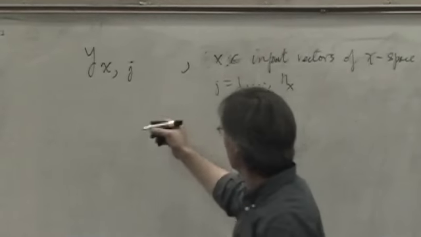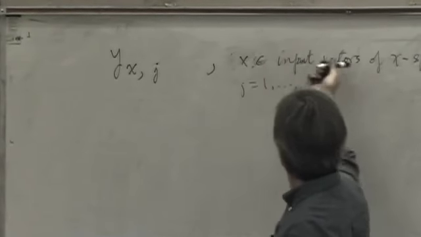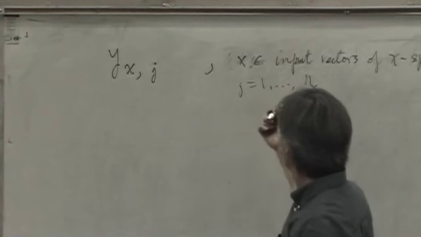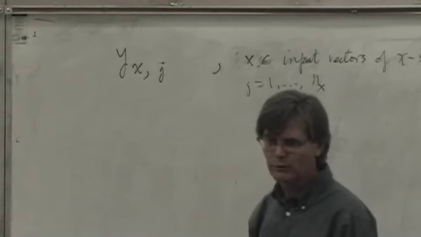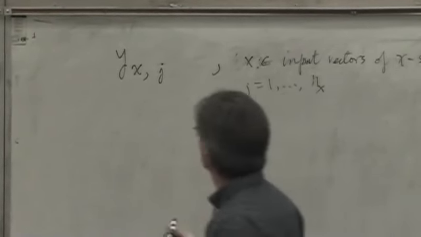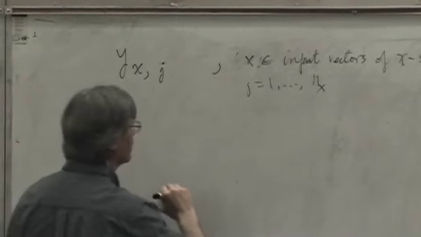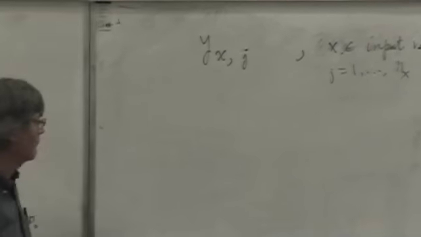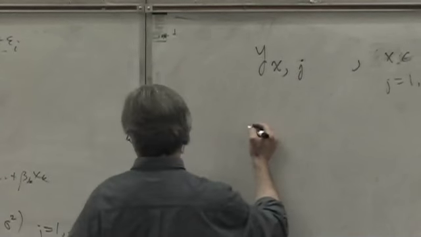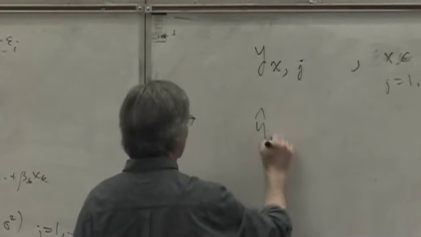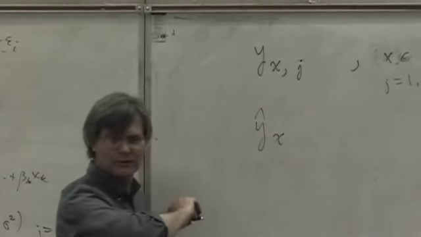So in that previous example, I had 4 input vectors, and I had nx equals 2 for each of those 4 input vectors. So it's a double indexing of the y values. Then I have y hat depends only on x, of course.